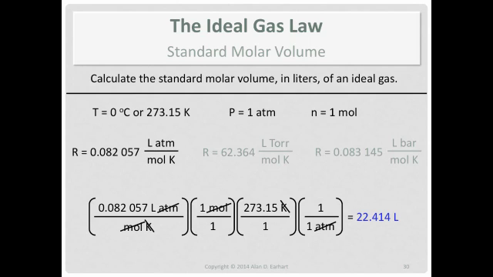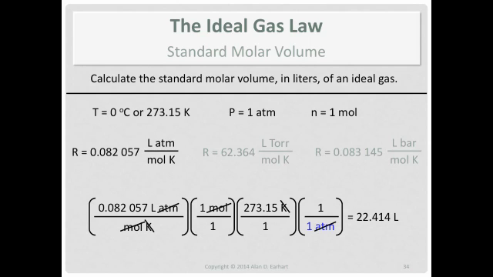Now the PV = nRT is buried in here. Remember, we were looking for V. So V = nRT divided by P. So volume, 22.414 liters, equals n, 1 mole, times R, times T, divided by P. It's all right there.